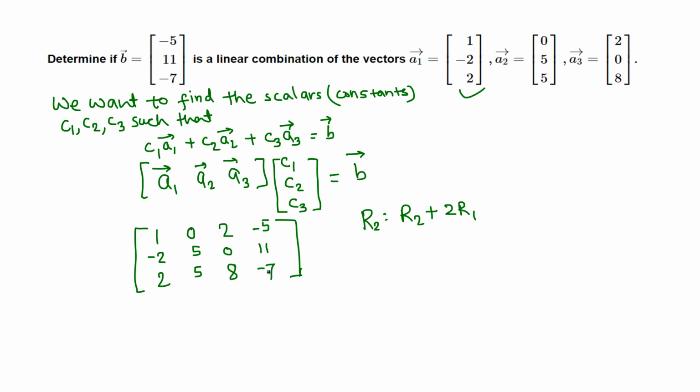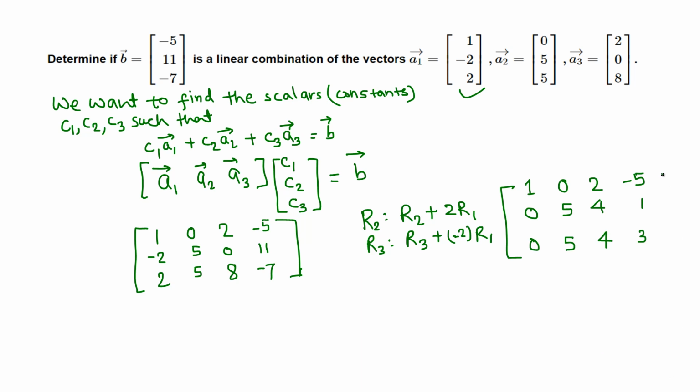In the same way we can make the first element of R3 0. So R3 plus, we need to multiply by negative 2, R1. We are not doing anything to R1. So let me do that. So we get this matrix.